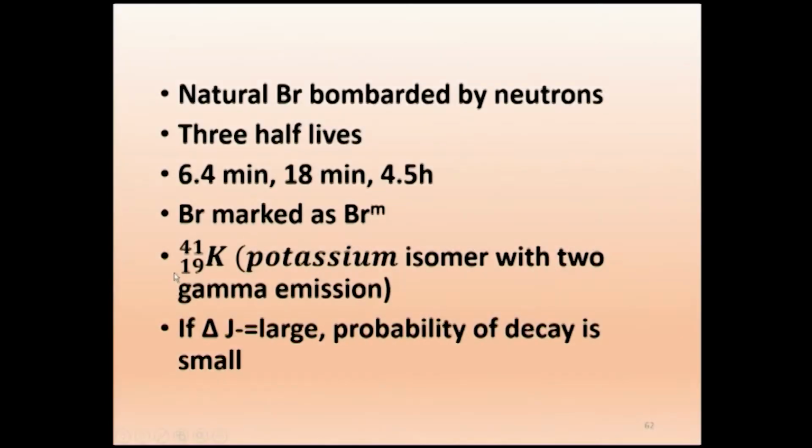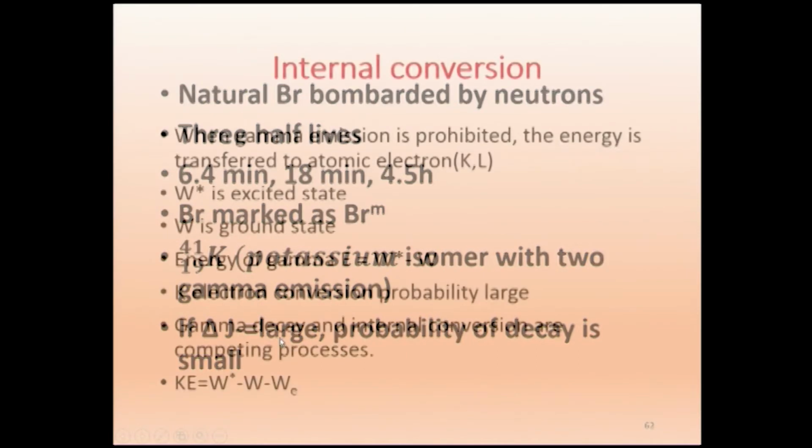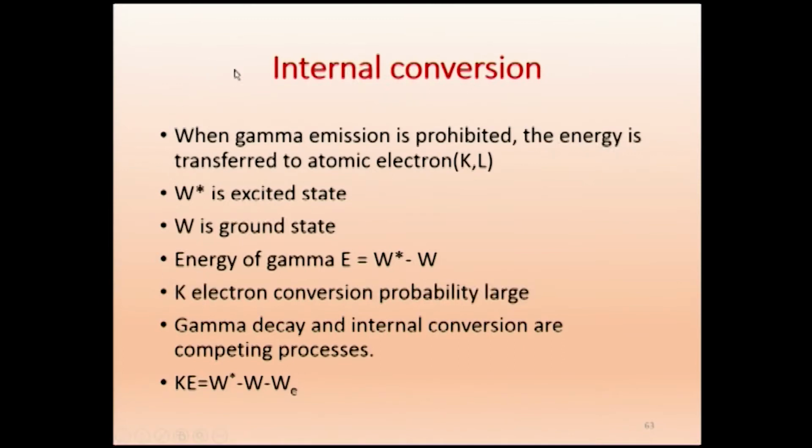If you take the metastable and the ground state, the delta J is large. What is delta J? That is the spin of that level and the spin of the other level, the ground level. When the spin difference is large, the probability of decay is small, so it will take a longer time and the half-life will be larger. We are not showing a diagram, but here again from excited to ground, and from metastable to ground, we get 2 gamma emissions.